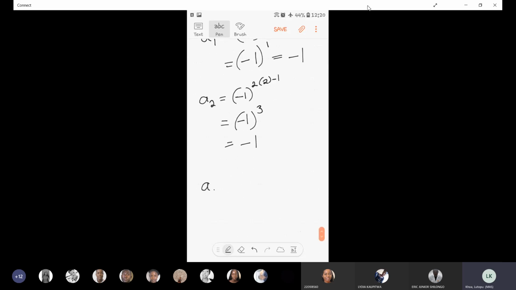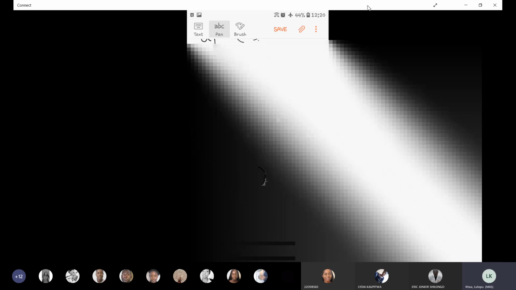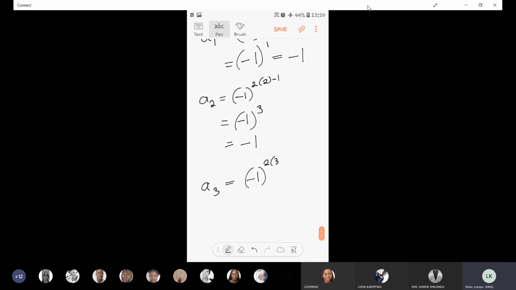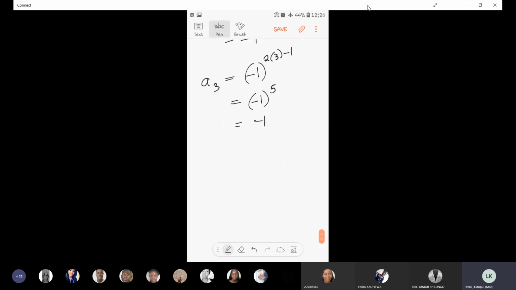And then a3, this is negative 1 to the power of 2 times 3 minus 1. This is 6 minus 1, which is 5. So I have negative 1 to the power of 5. This is negative 1. And then the last one, this is negative 1, 2 times 4 minus 1. This is negative 1 to the power of 7, which is also equal to negative 1.